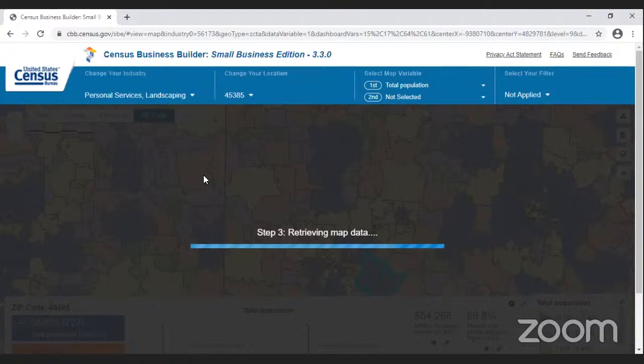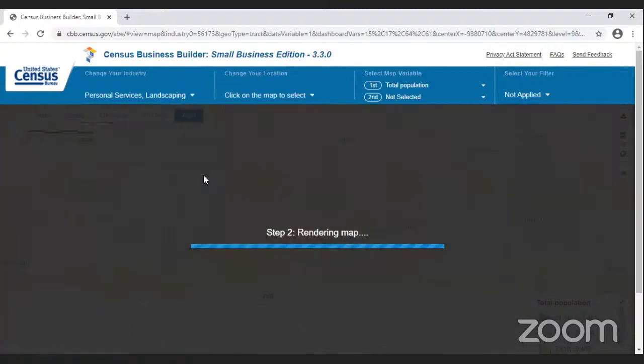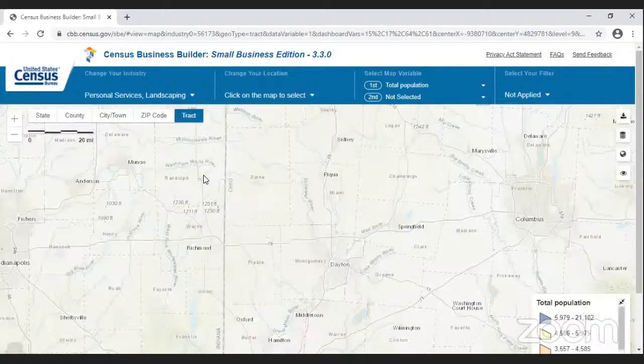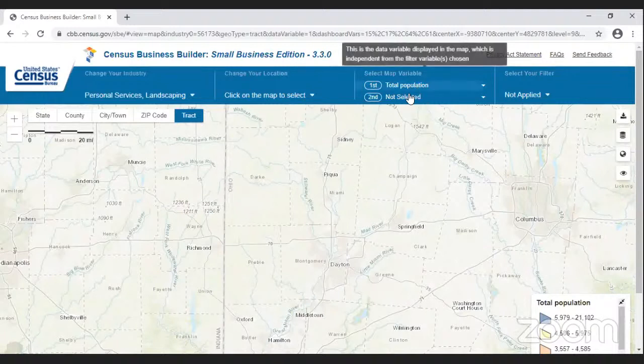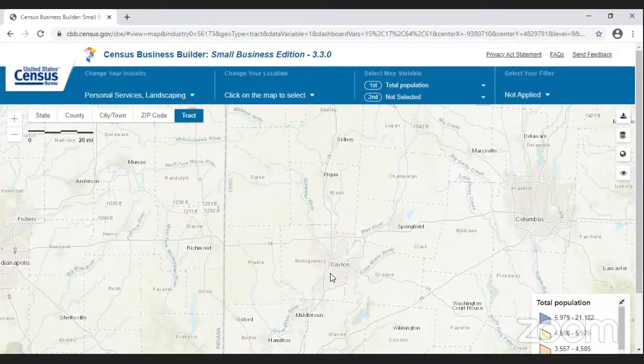Only American Community Survey data is available at the census tract level. So it's all demographic data available at the census tract level. So since I chose tract, it'll repaint the map according to my variable, population by census tract.